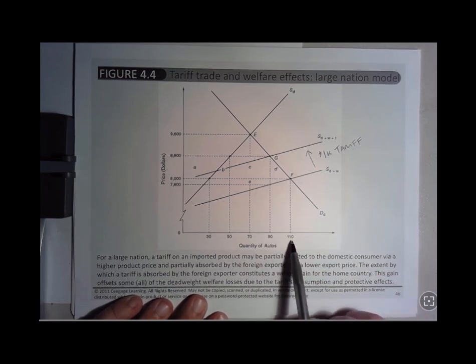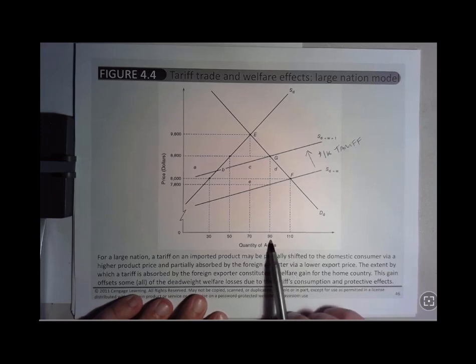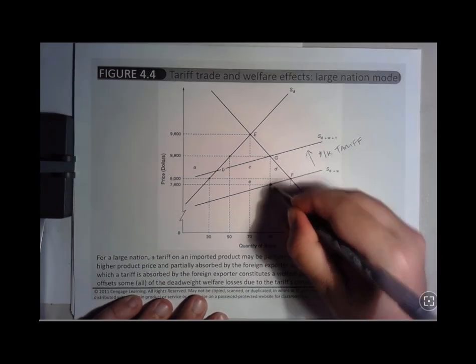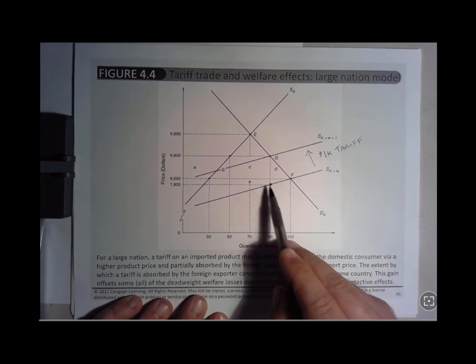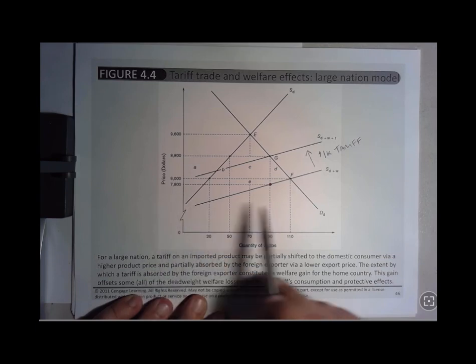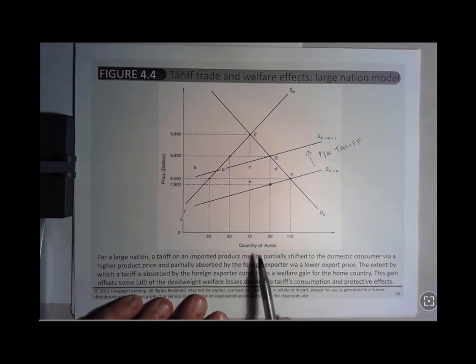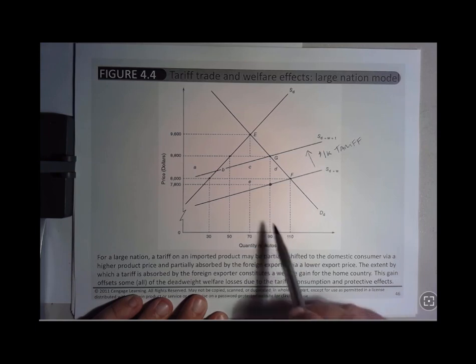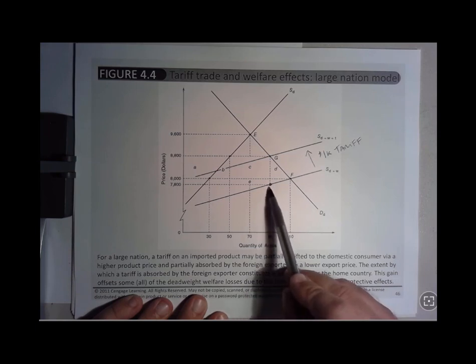Given that we're going to reduce our consumption, now coming from 110 to 90, this decrease in consumption impacts the world demand for this product, and as a consequence, the new equilibrium price at the world level goes down from 8,000 to 7,800, because we, the large nation, are consuming less, and our relevance shows in that our decreased consumption has the force to decrease world prices.